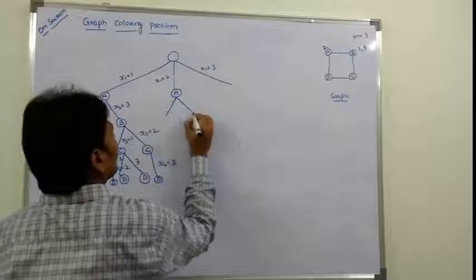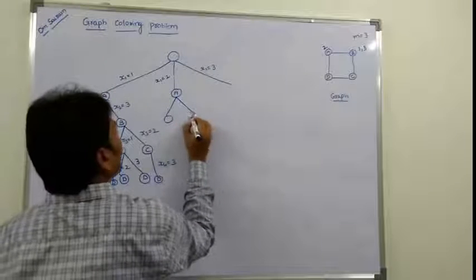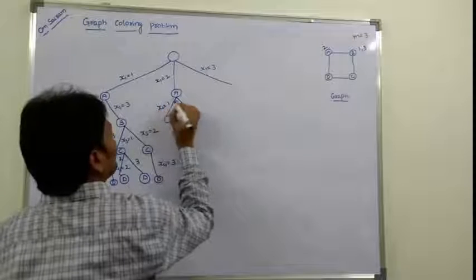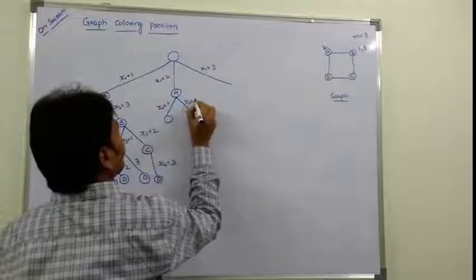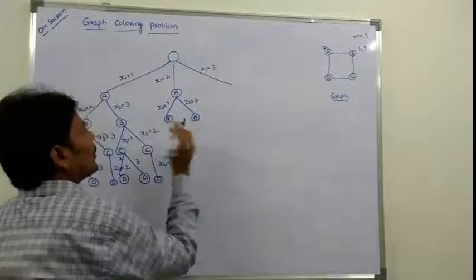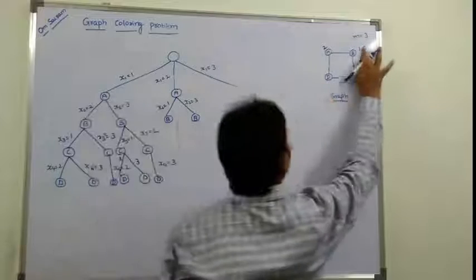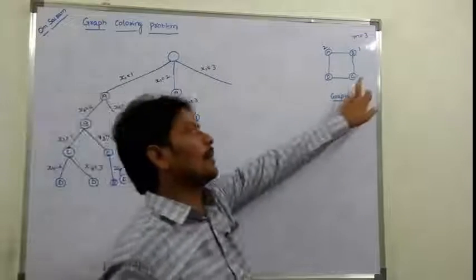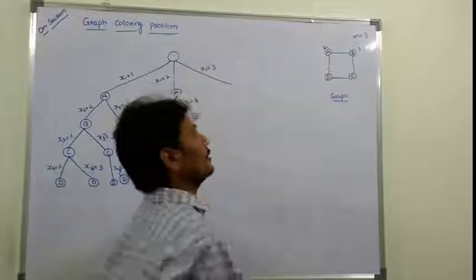So vertex B is filled with x2 equal to 1 or x2 equal to 3. Suppose vertex B is filled with the first color. What are the possible colors we can use for vertex C?